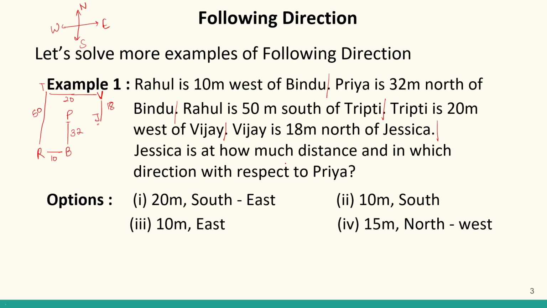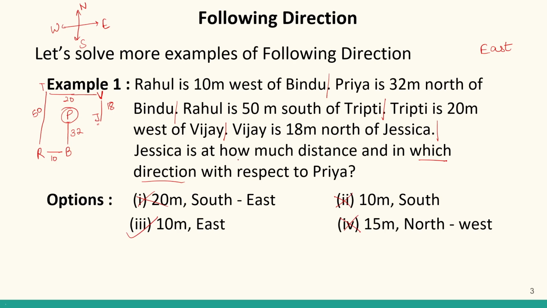Okay. So Jessica is at how much distance and in which direction with respect to Priya? So first of all, which direction? So from Priya, with respect to Priya, it is towards the east. Okay. So I can clearly eliminate all these 3 options. So my option will be answer number 3. But let us check.